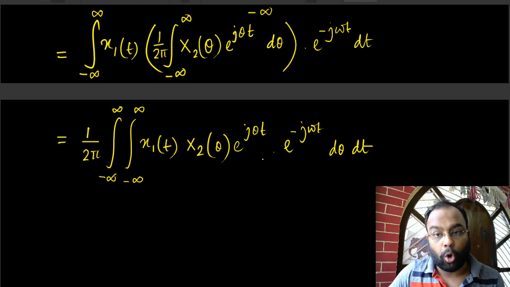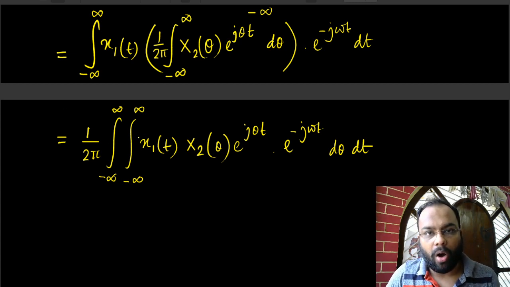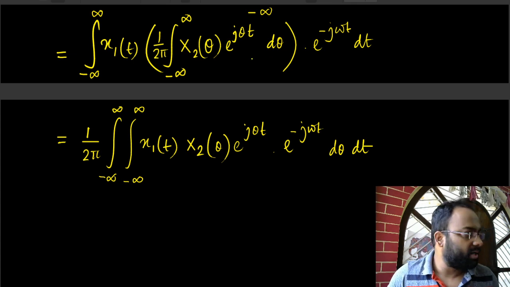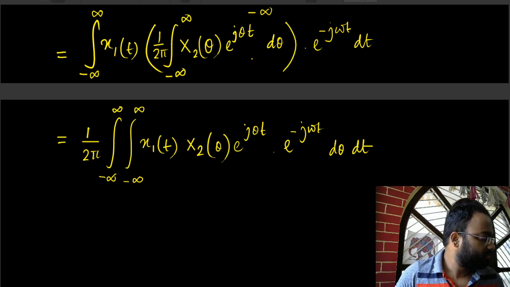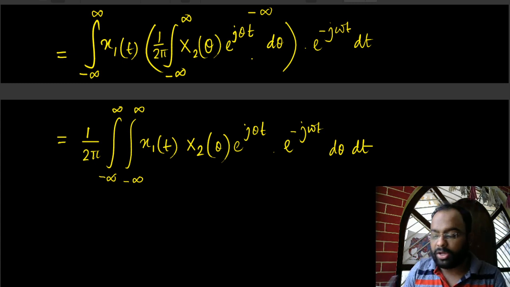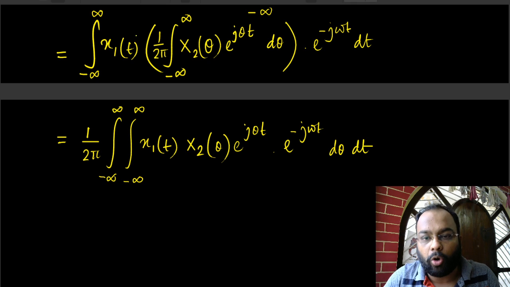Now, how on earth were we able to pull this inside this? Try to understand, we could put this x1(t) inside this integration, because what is the variable of this integration? The variable of this integration is theta.